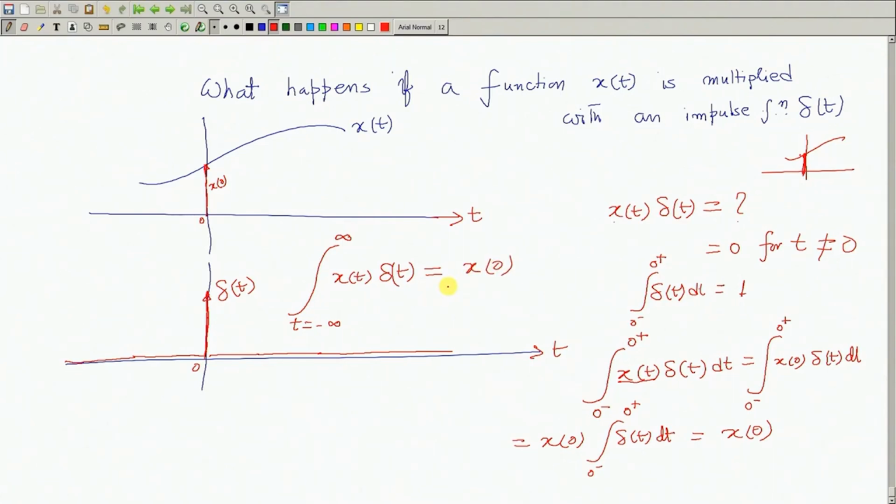Why? Because from minus infinity to 0 minus, delta(t) is 0; x(t) may have some values, but that does not matter.